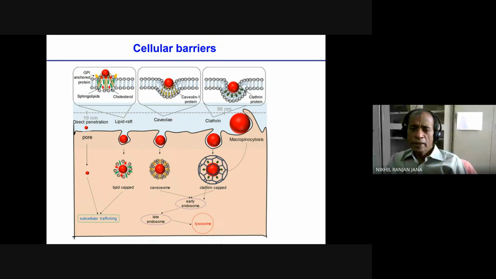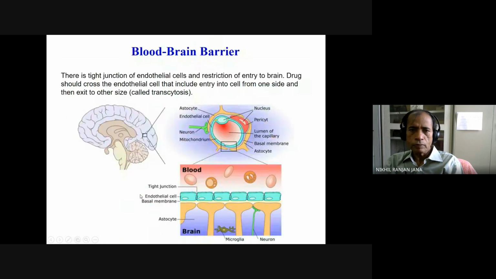And once they enter the cell, there are again various biochemical processing mechanisms. Depending on that, they might be enzymatically digested in most cases. In some cases they will go into certain targets. Also, there is the blood-brain barrier.